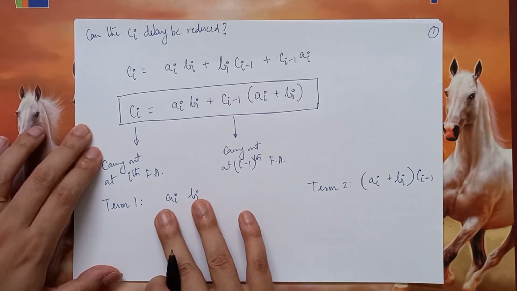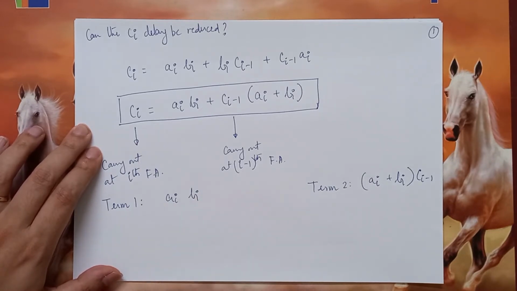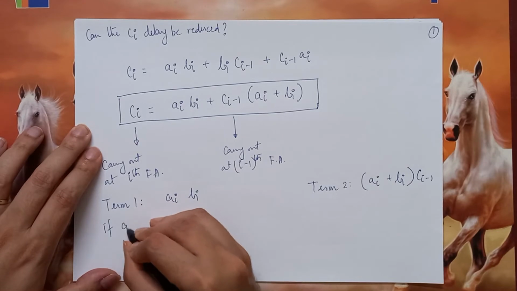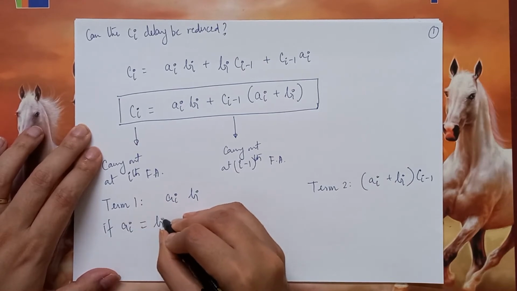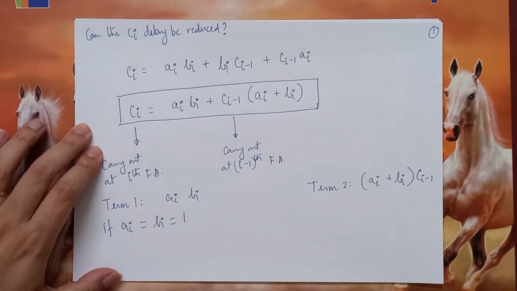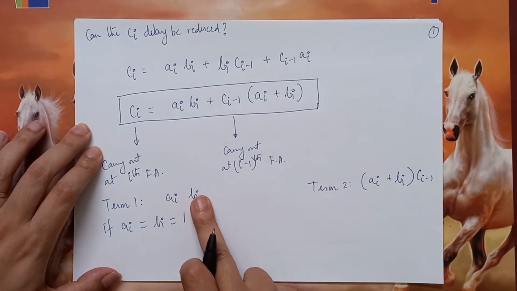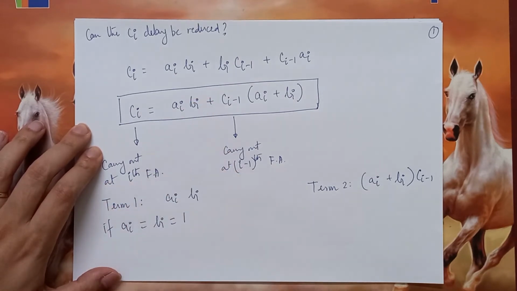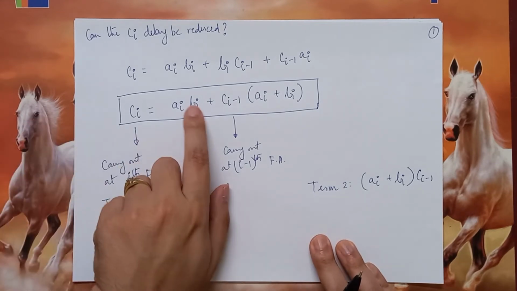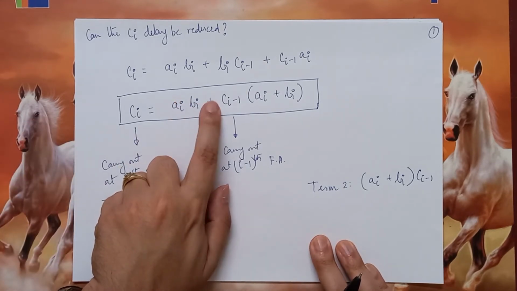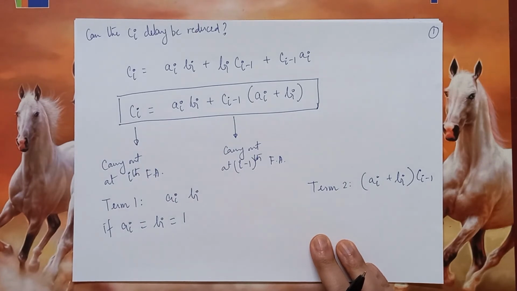Now suppose ai and bi are both 1, what will be Ci? ai and bi both 1 means term 1 will become 1, and 1 when ORed with anything will become 1.